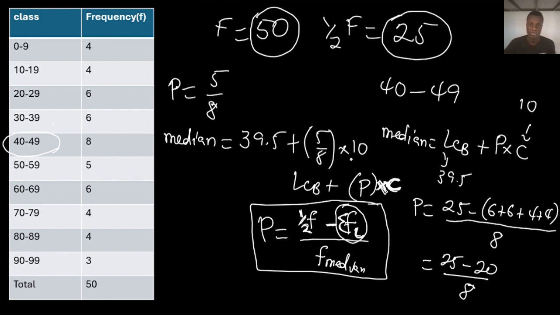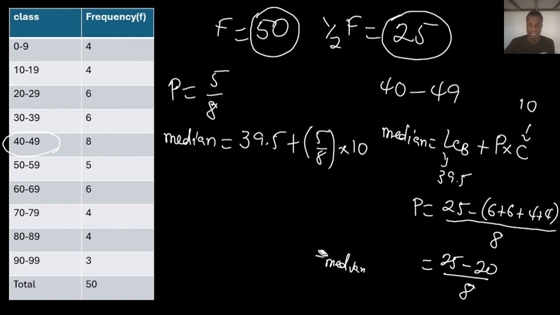10. If you multiply all this, this proportionality we are talking about, we did in the previous session. So 39.5 plus 5/8 times 10, that is 5 over 4 times 10, so 25/4.